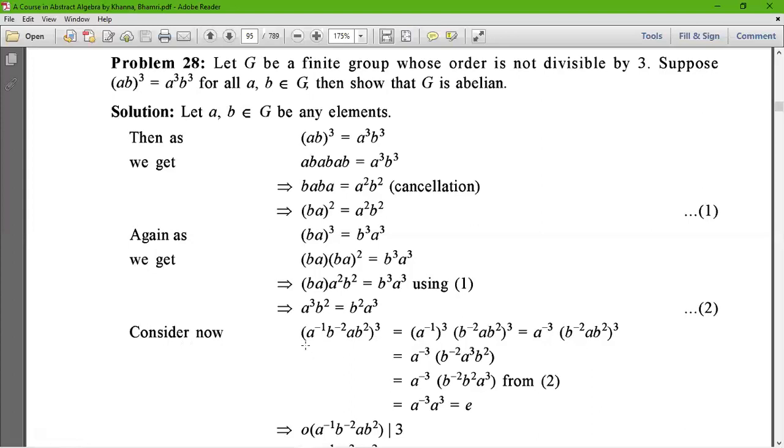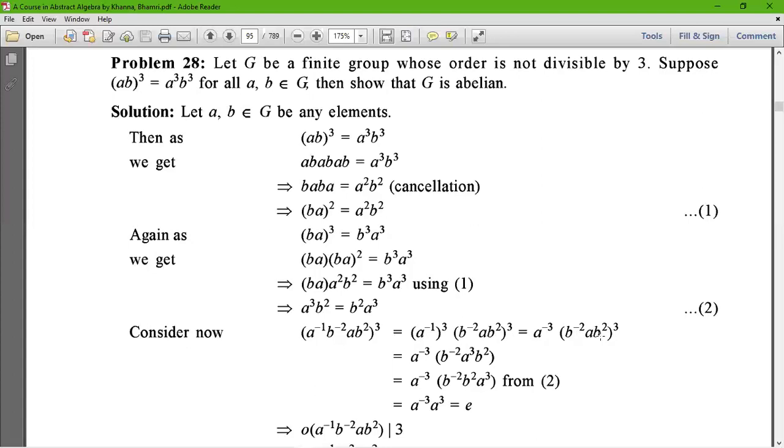Here we can take a inverse as one element, b^-2 as another element, and ab^2 as a third element. Then we can write (a^-1)^3 for a inverse, b^-2, and (ab^2)^3, which equals a^-3 b^-2 ab^2.